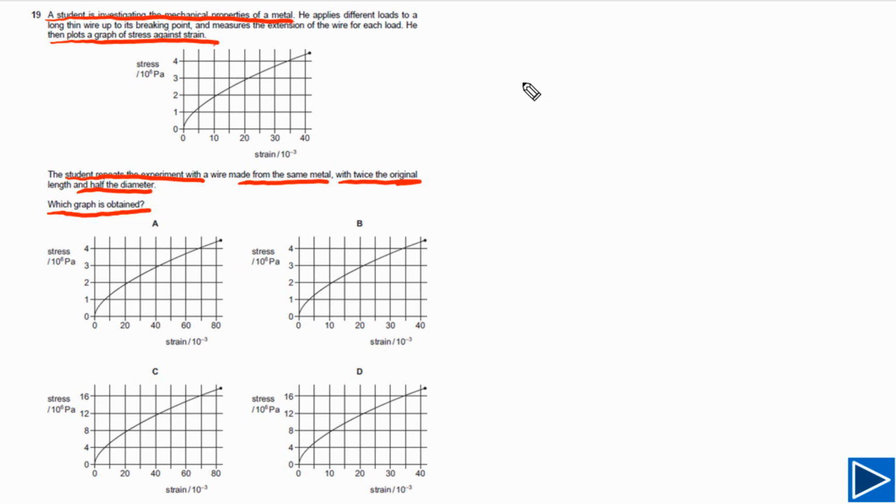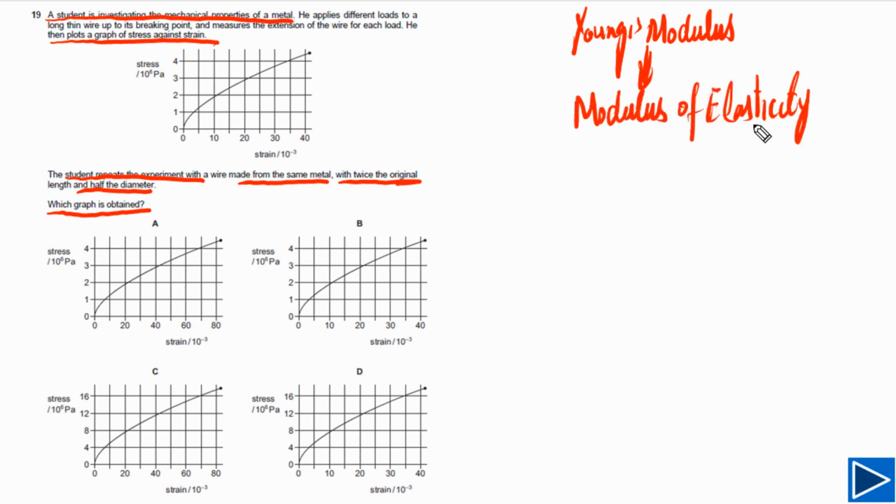Actually, this question is simply based on Young's modulus. Let's try to understand what exactly is Young's modulus. Young's modulus is also called modulus of elasticity. Elasticity we need to understand because this is also a very important concept. It is called modulus of elasticity because elasticity is the ability of a material to regain its shape.